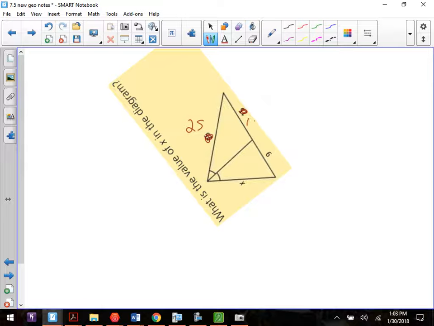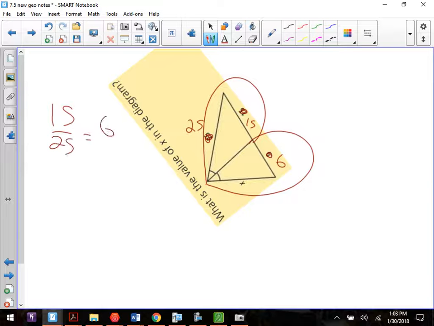Now, when you have this angle bisector, it's capturing the fraction. 15 over 25, 6 over x. You're going out, the angle bisector comes out, comes around. Numerator, denominator. Numerator, denominator. I'm just drawing a heart around it because I'm being stupid and crazy.